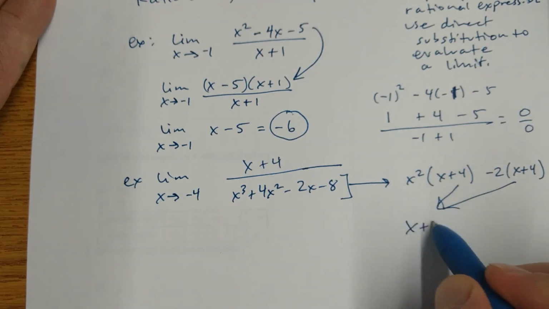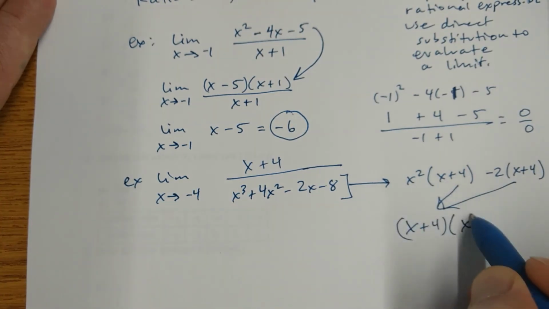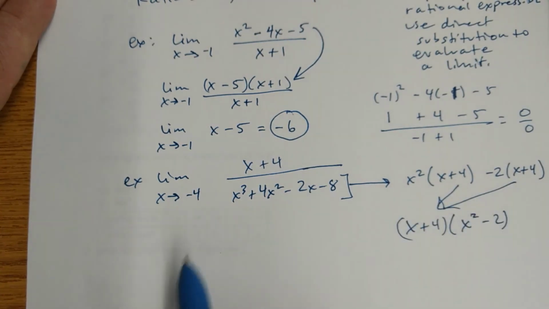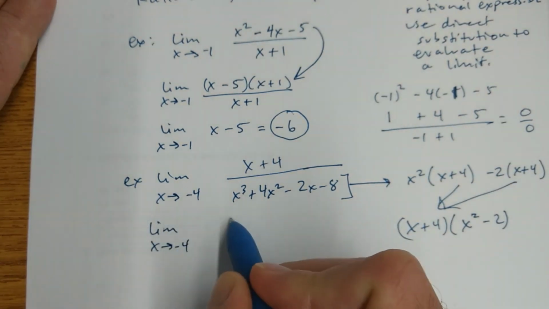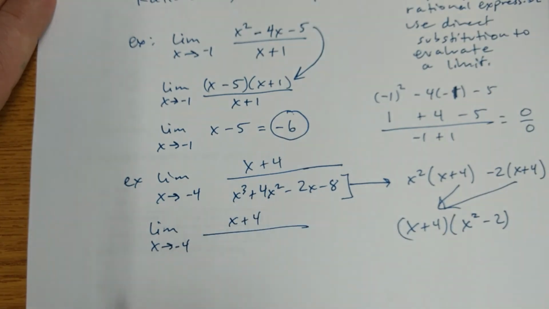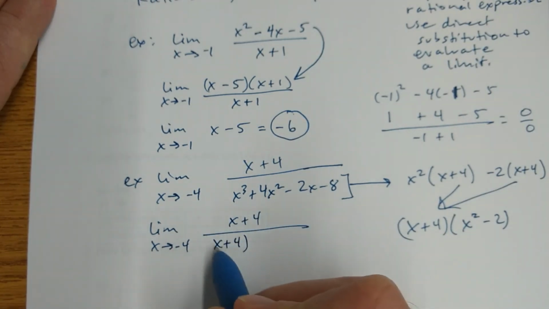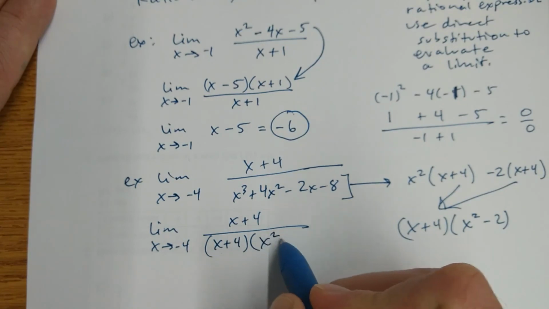into x plus 4 times x squared minus 2. So we'll rewrite our limit problem as the limit as x approaches -4 of x plus 4 divided by x plus 4 times x squared minus 2.